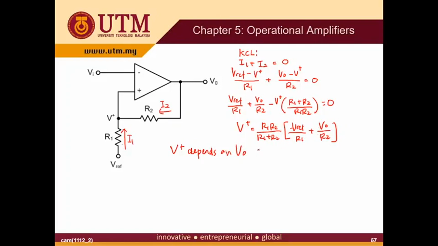You know the V out of the comparator has two possible voltages, plus VCC and minus VCC. This means V plus also will have two values. The first value is when V out is equal to plus VCC.